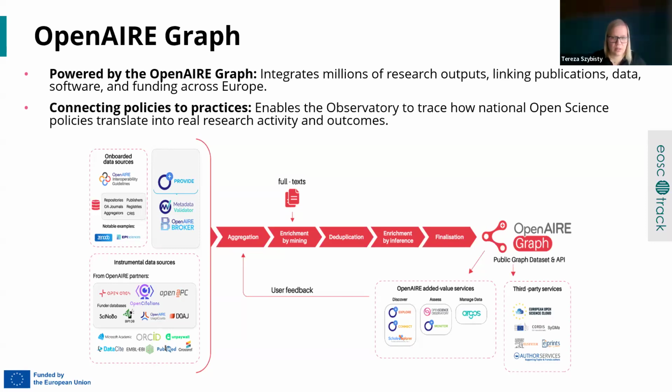What makes the graph especially powerful is not just the broad coverage of hundreds of millions of research products, but also the data quality pipeline, because through a very comprehensive process of aggregation, enrichment, and deduplication, it ensures that we work with high quality, interoperable data that is updated regularly. So thanks to the OpenAIRE graph, we can, with the Observatory, move beyond policy reporting and really show the evidence of open science in action.